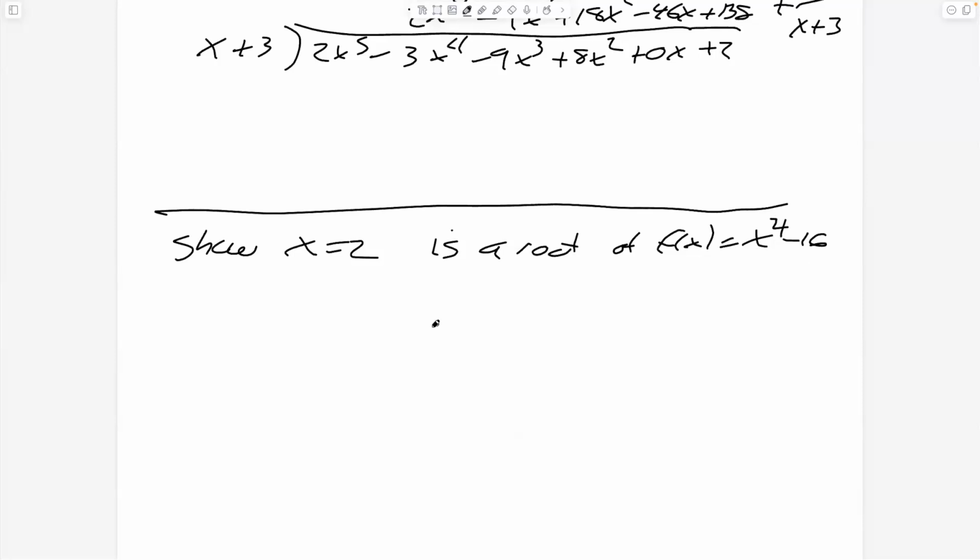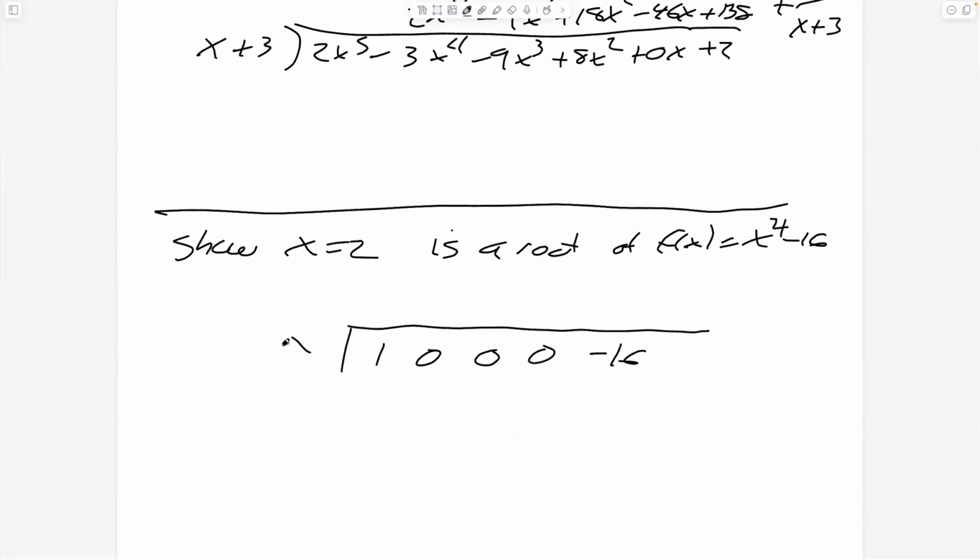I'm just doing a quick example here. So it's obviously a root, but I could use synthetic division. Now I've got a whole bunch of missing powers here. I've got a 1 for the fourth, no cubes, no squares, no x's to the first power, then minus 16.